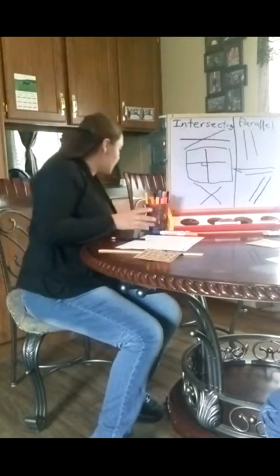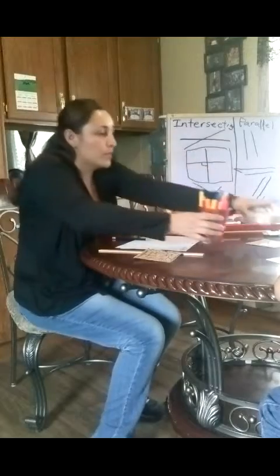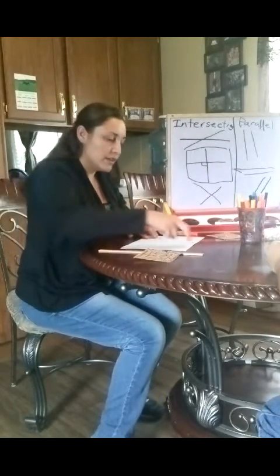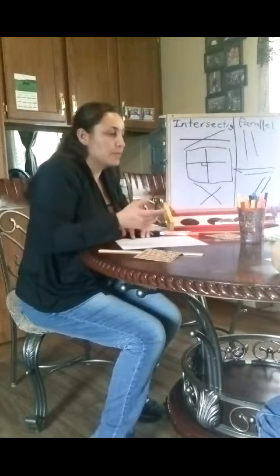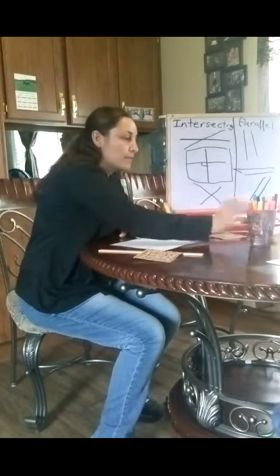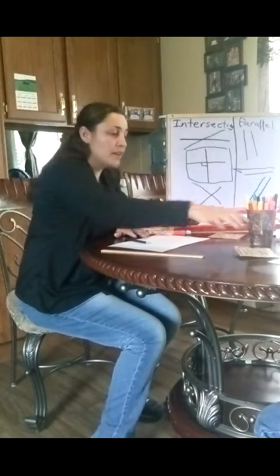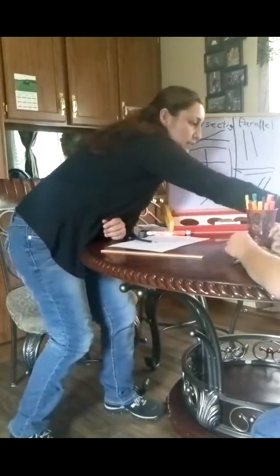Alright, so I'm going to let you use the crayons and markers so that you can start creating your city, your map of your city. Can you start? Yes. And you can use the spinner again if you want to draw more lines.